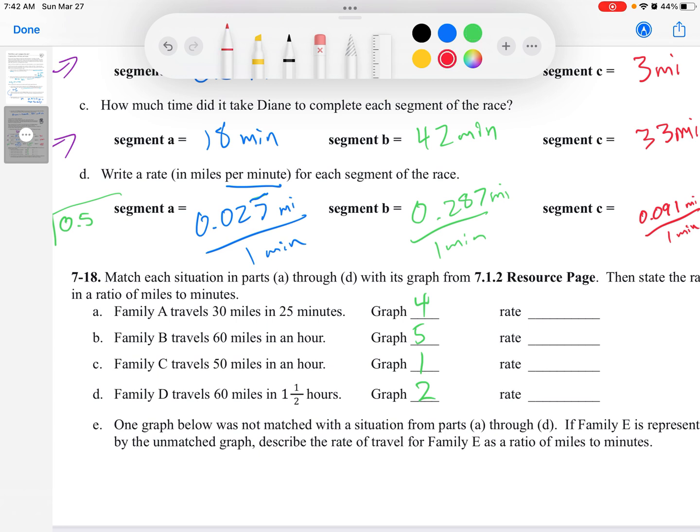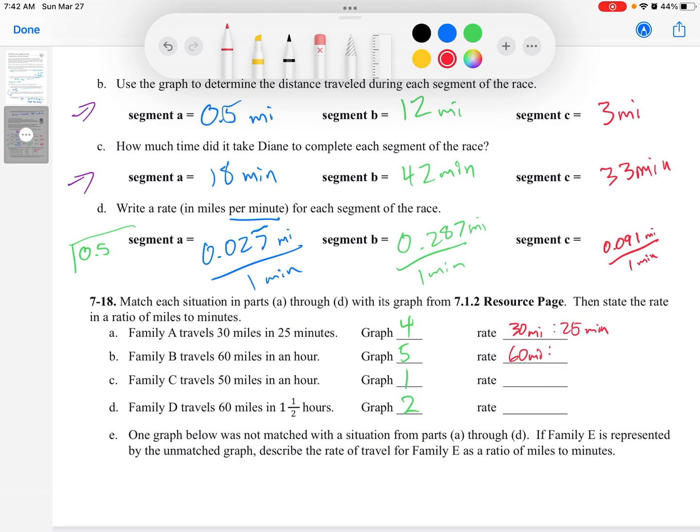That's 30 miles in 25 minutes, 60 miles in 60 minutes, 50 miles in 60 minutes, and 60 miles in 90 minutes. We have to make sure we put it all in the same units.